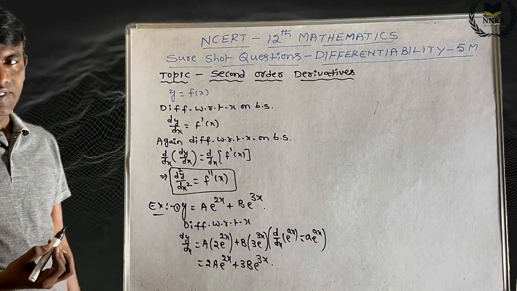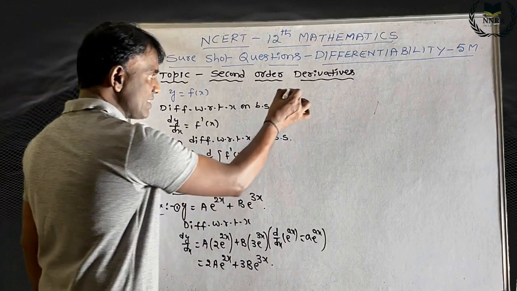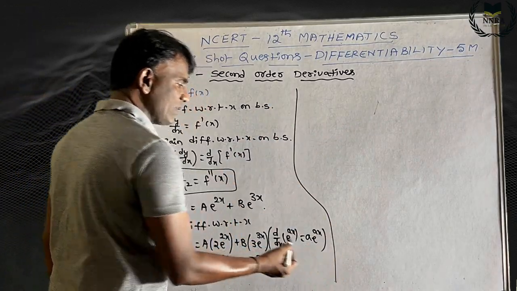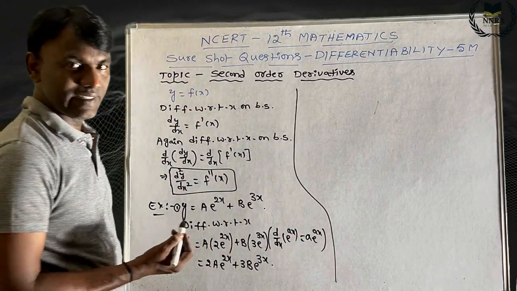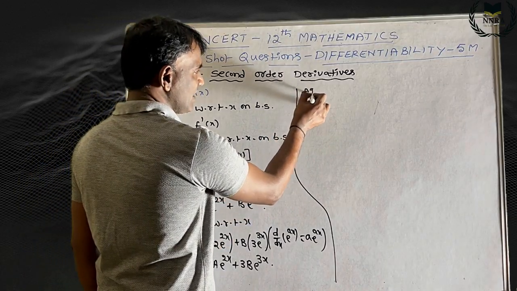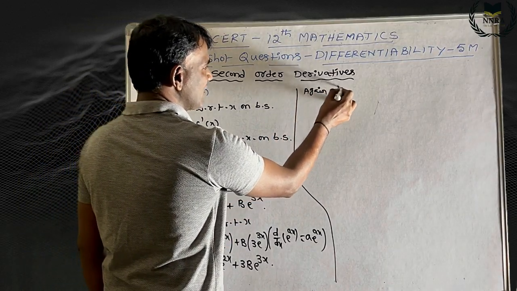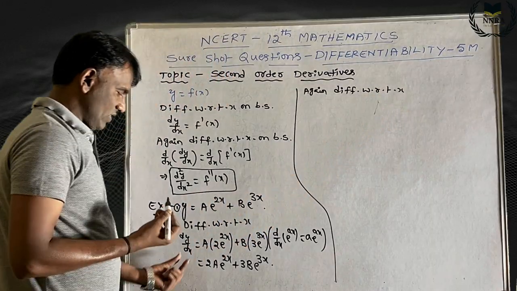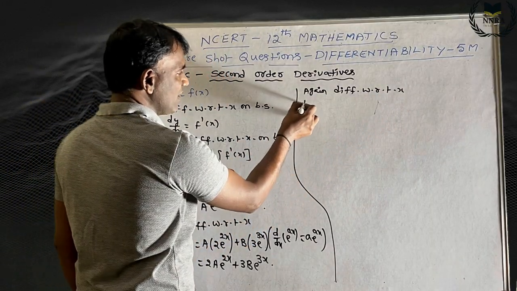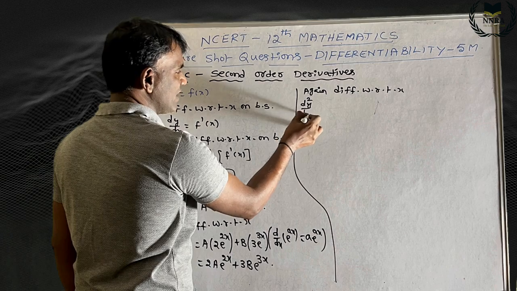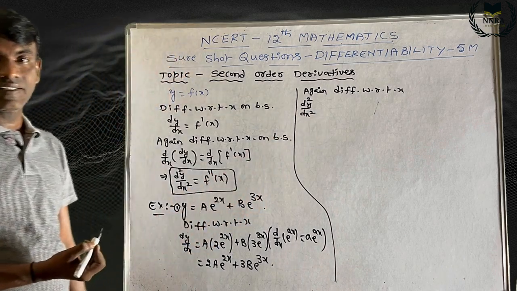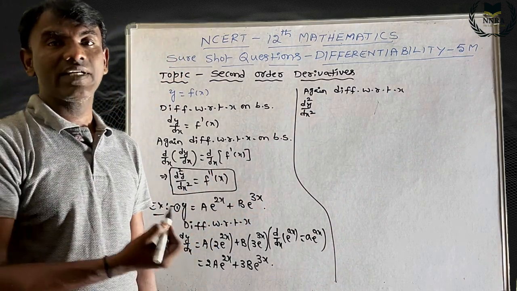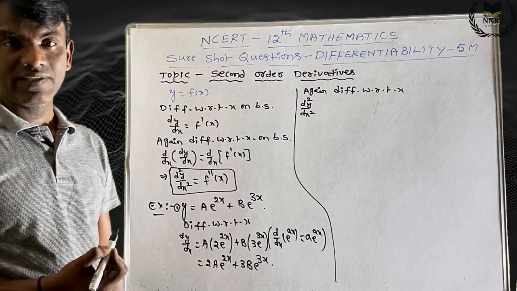So this is called the first order derivative. If we want the second order derivative, again we have to differentiate with respect to x. So this is d square y by dx square: if we differentiate dy by dx again with respect to x, we get the second order derivative d square y by dx square.